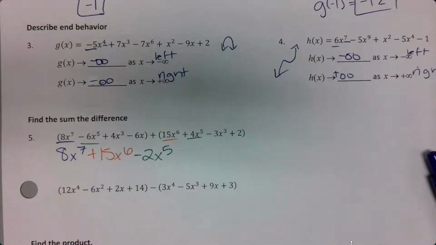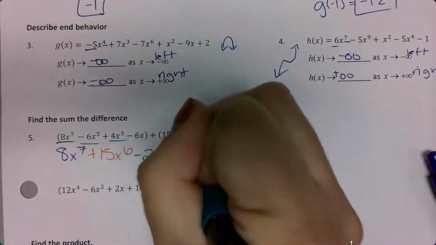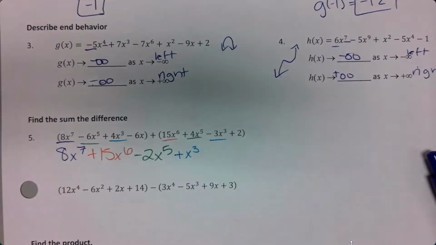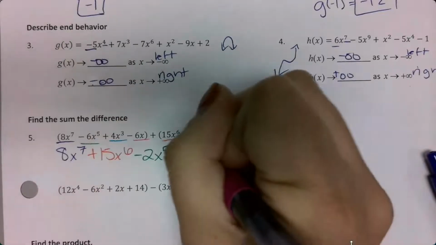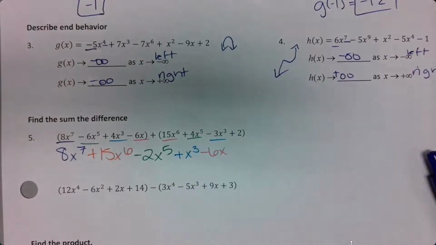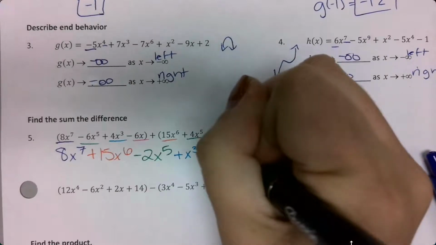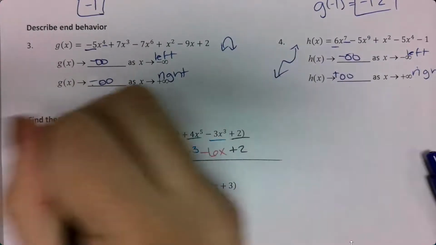Then I have 4x cubed and -3x cubed. That gives me 1x cubed. I have -6x and nothing to combine it to. And then I just have my 2 at the end. So here is my final answer.